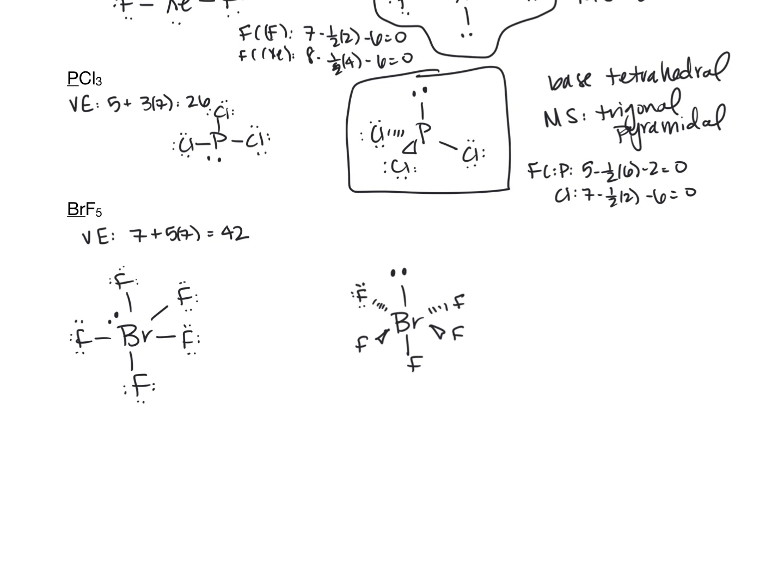That doesn't look like 2. So we will add in all of our lone pairs. So our base here is octahedral, and our molecular shape is square pyramid.